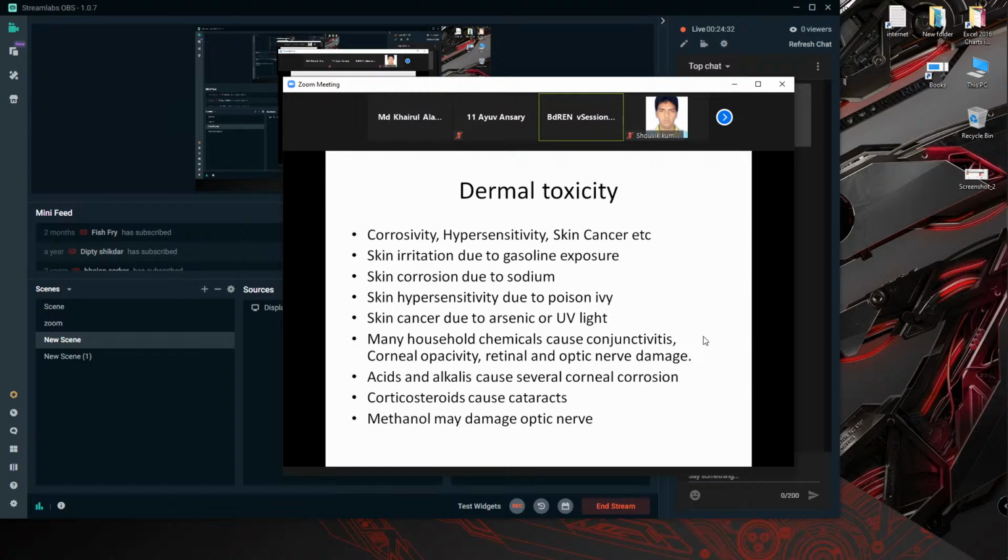He was thinking both are alcohol, so he did not think of others. So he supplied the methanol to the people. 300 people died instantly, and more than that were affected. Optic nerve means eye.